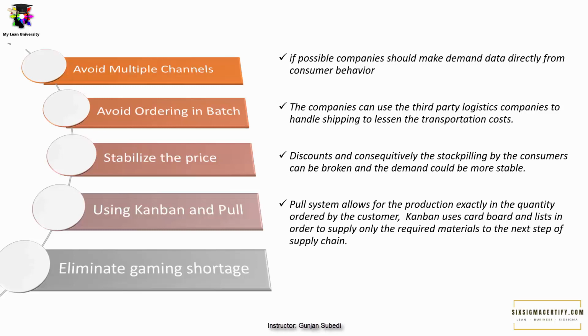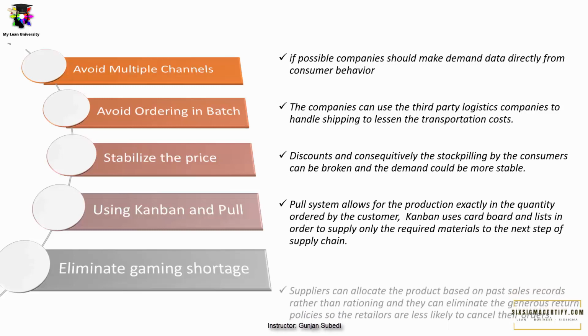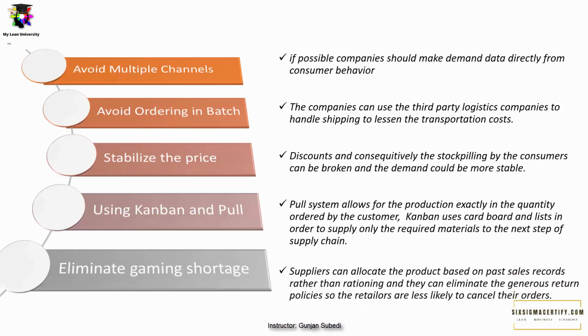As I mentioned, we will study these 2 terms in detail later. The last one is by eliminating gaming in shortage situations. Here the supplier can allocate the product based on the past sales record rather than rationing, and they can eliminate the generous return policies so that retailers are less likely to cancel their orders.